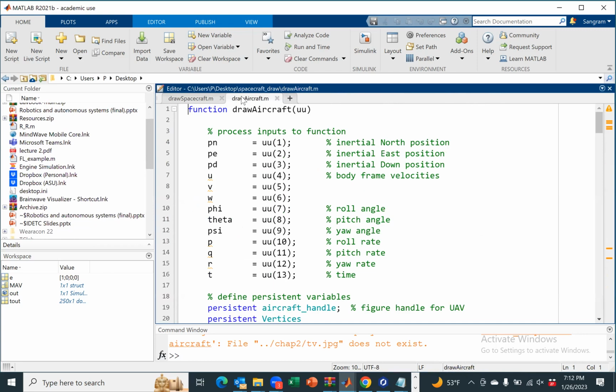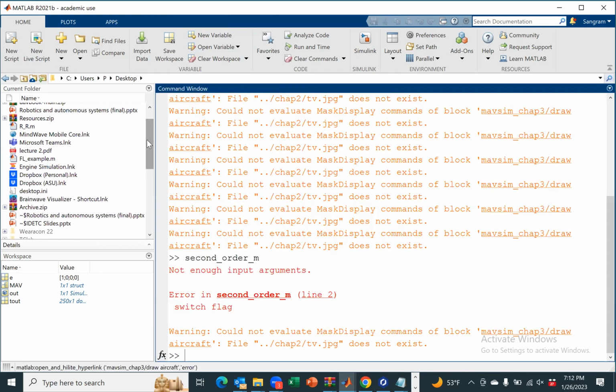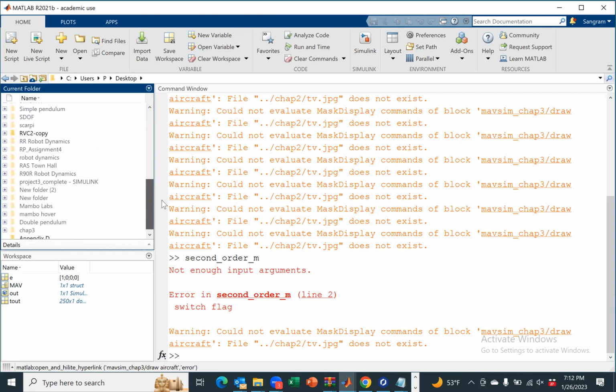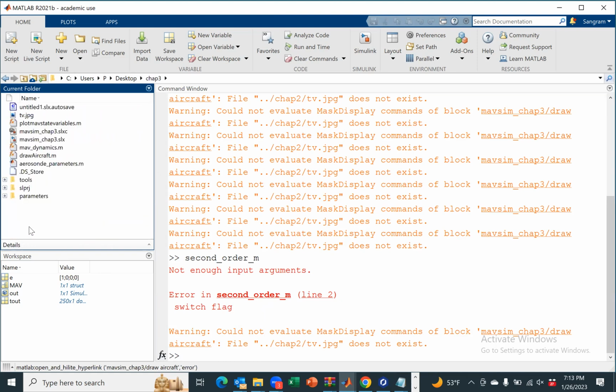So first and foremost, everyone is good with the draw aircraft. You guys got the aircraft drawn correctly. Okay. So, let me see. Chapter 3, this is, yeah. So chapter 3.